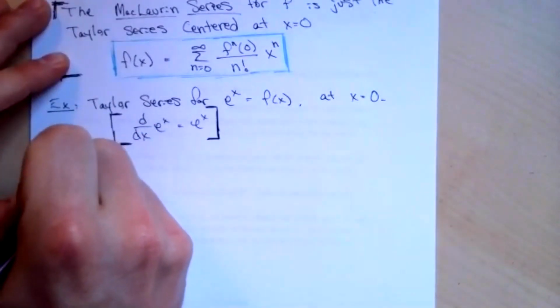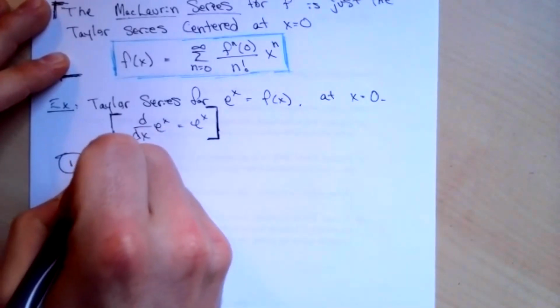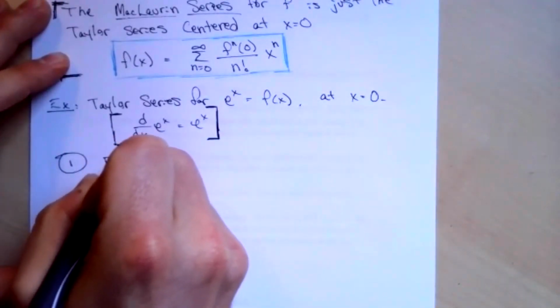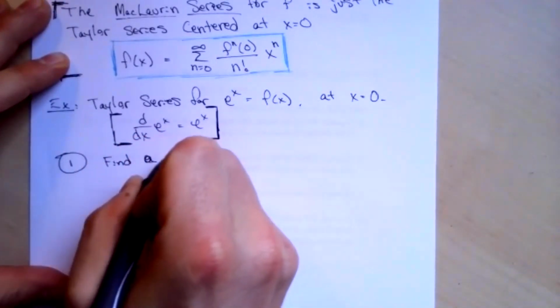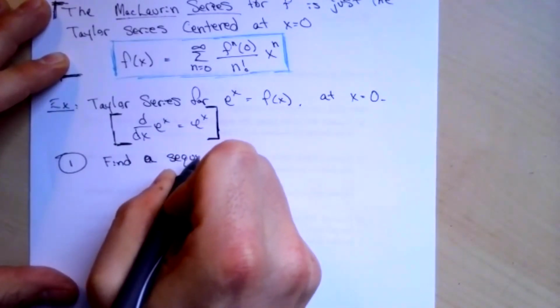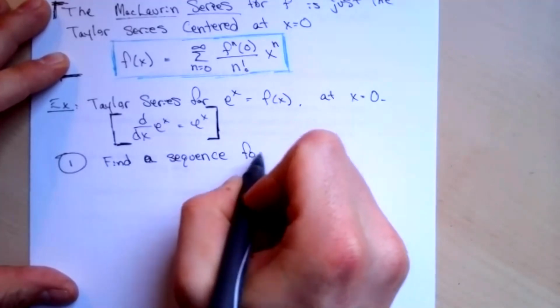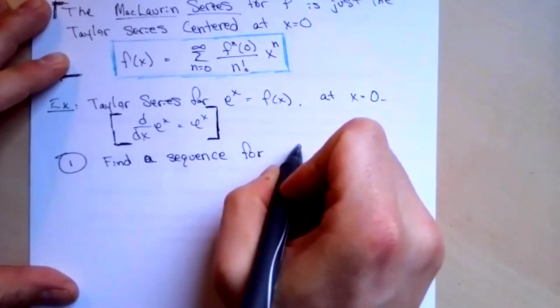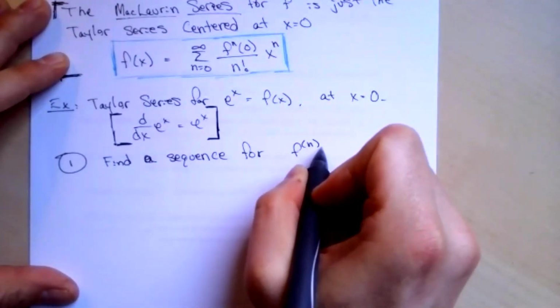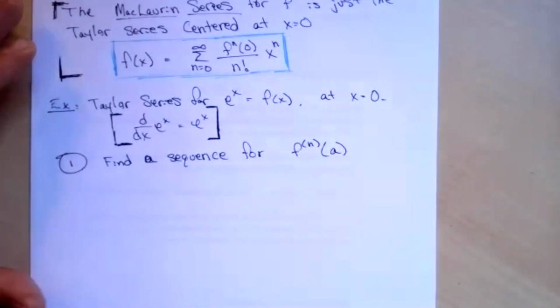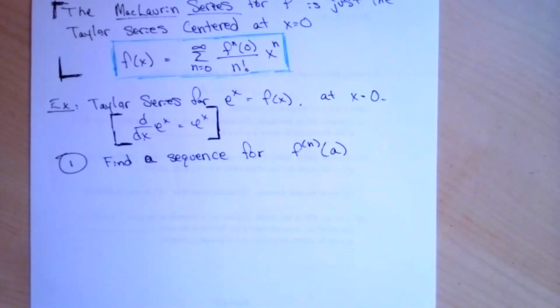So first step is to find a sequence for f^(n)(a). It's going to be the main step. It's pretty much the only step for Taylor series.